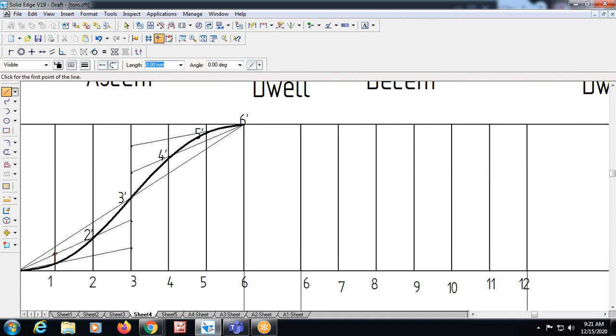Again a construction line I will take, then from this to the last one I will join this. Then from this I will take the two parts here above, so I will join this line.